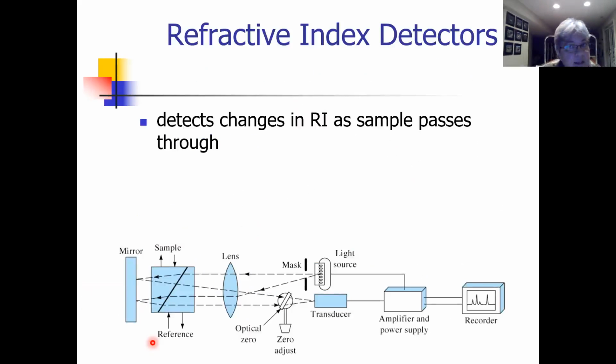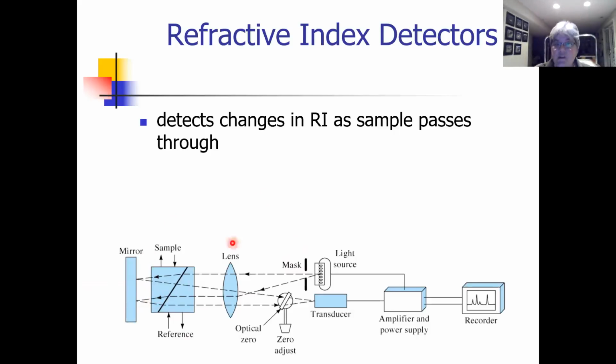Another detector is a refractive index. So this is what the setup looks like. You actually have your sample on one side and then a reference solvent on the other. And then you have light going through it. And if the solution is different, then the light will bend and you will get a different number.